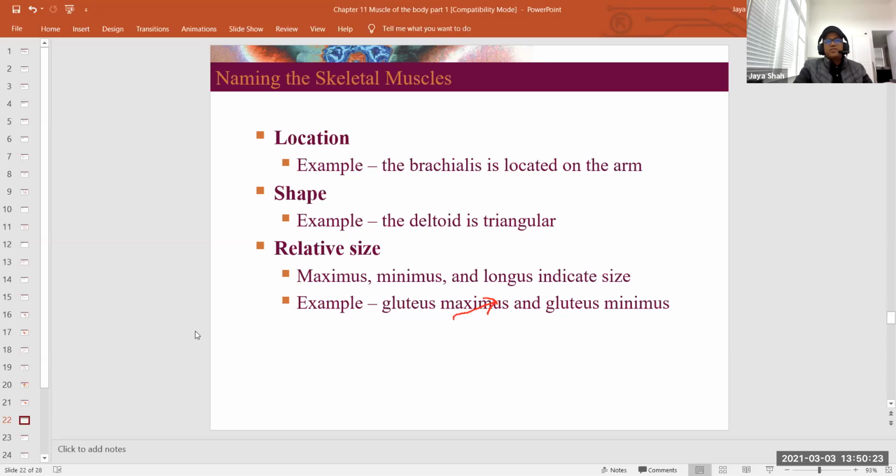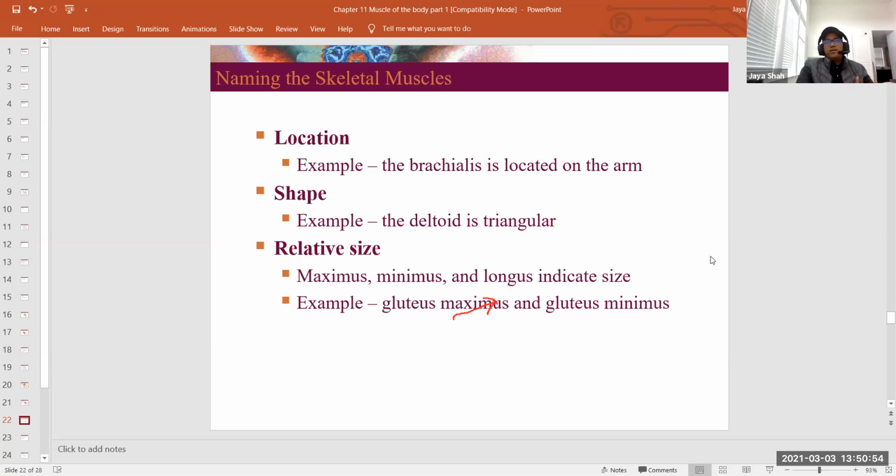Naming of the skeletal muscles. Skeletal muscles can be named based on their location, their shape, their relative size. For example, brachialis is in the brachium, in the arm. If the muscle's shape is triangular, then we call it deltoid. If there are three similar muscles and their sizes are different, then we call them maximus, minimus, and medius.